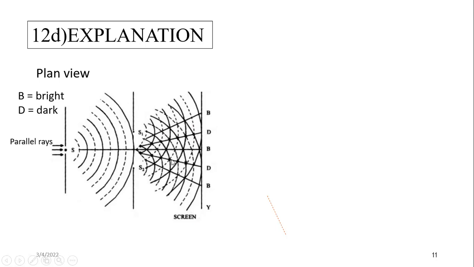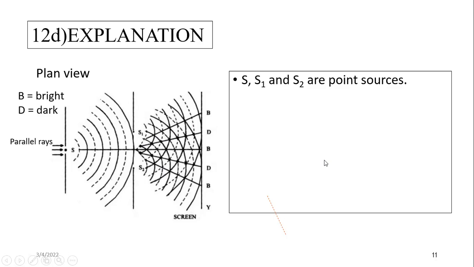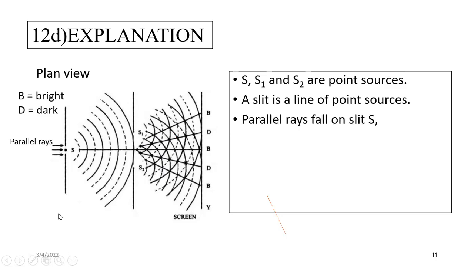The broken line is your trough. This dark line is your crest. S1 and S2 are point sources. If you use a slit, then it's a line of point sources. Parallel rays fall on the slit S1.